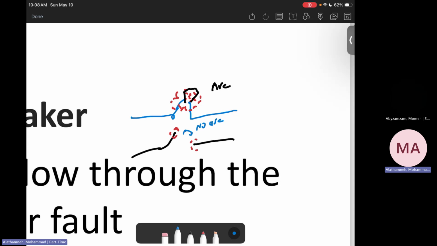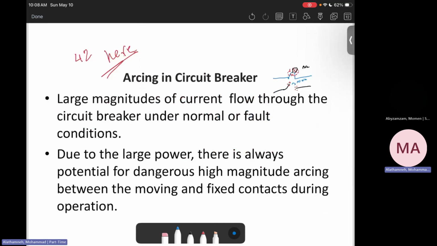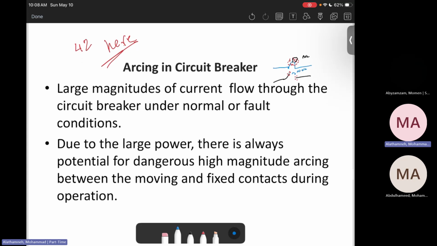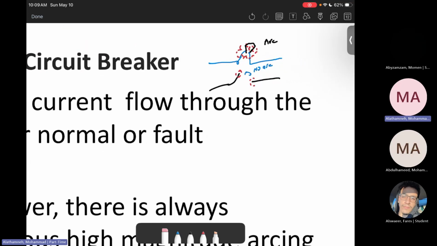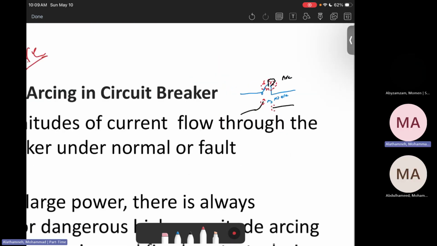That's our target. So when we open the contacts, it will make no arc. Again, due to the large power, when we move the contacts between the moving and the fixed contacts, the arc will be conducting electricity, while we need to absorb that arc so there will be no arc at the end.